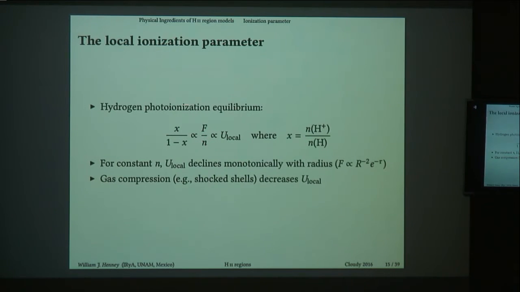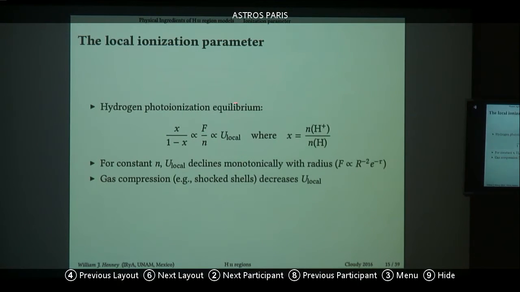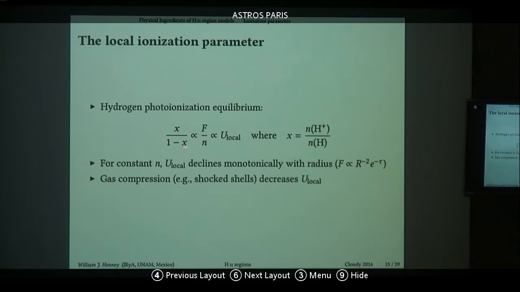And if you assume that the hydrogen photoionization is in equilibrium with radiative recombination, then you can show that the fraction of ionized hydrogen, x, divided by 1 minus x, which is the fraction of neutral hydrogen, is proportional to this local ionization parameter.